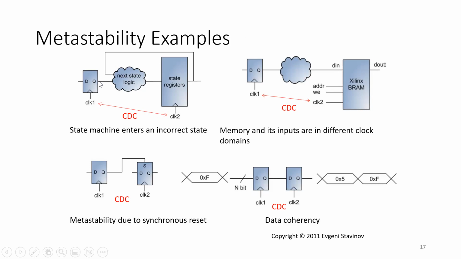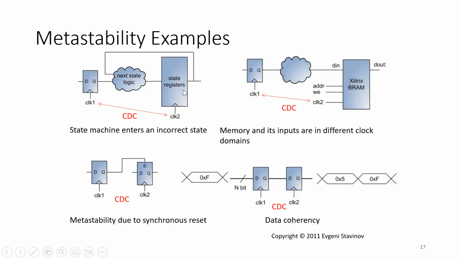This is my clock 1, and this is my D input for this D flip-flop, this memory bit, and I have here Q. And my next state of state machine is working at a clock 2. So I have here a CDC.